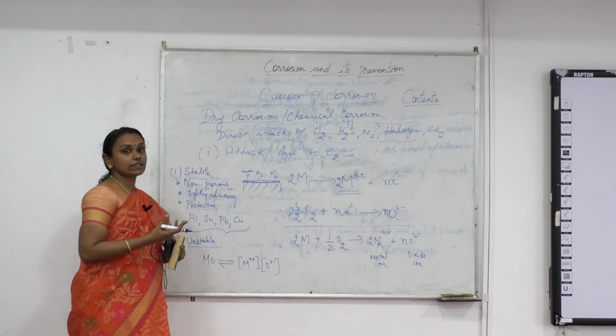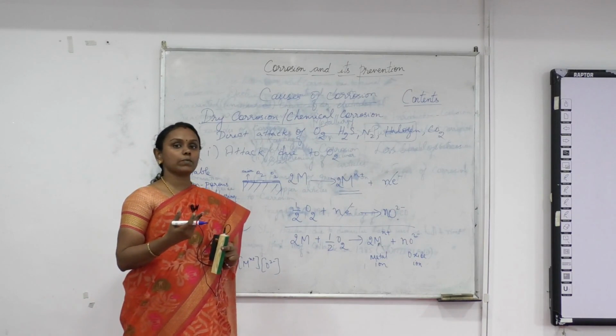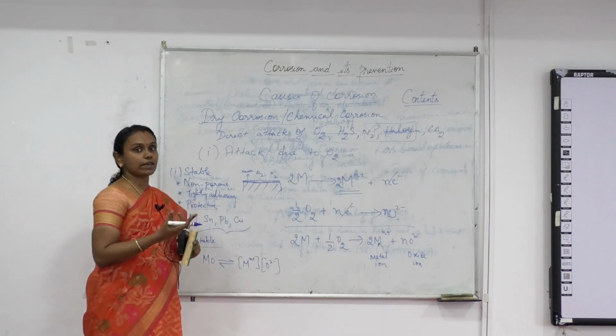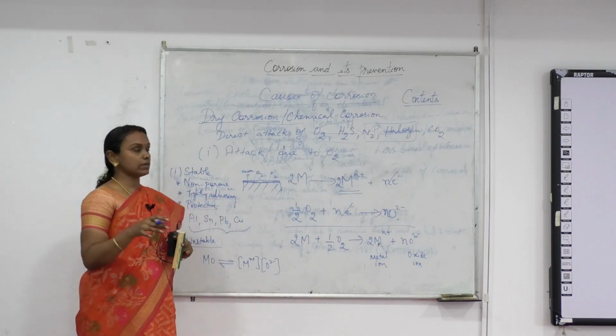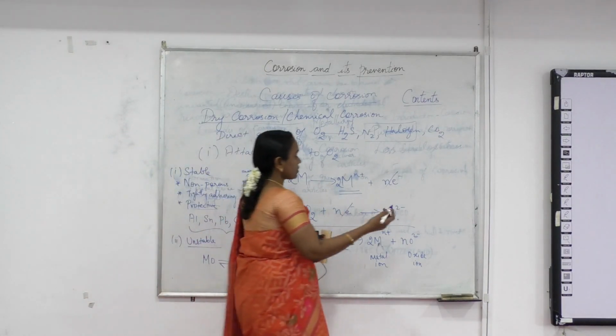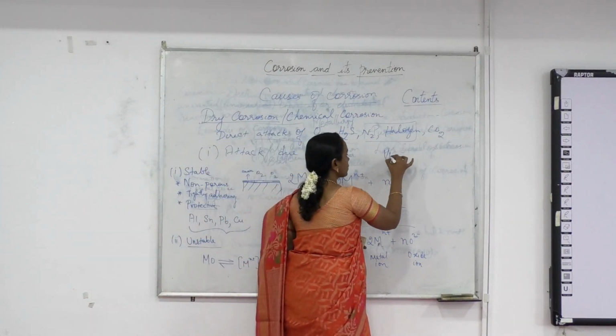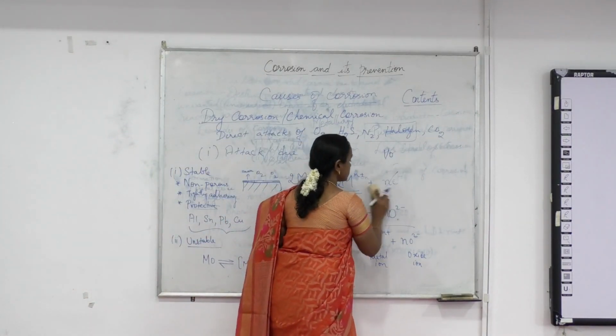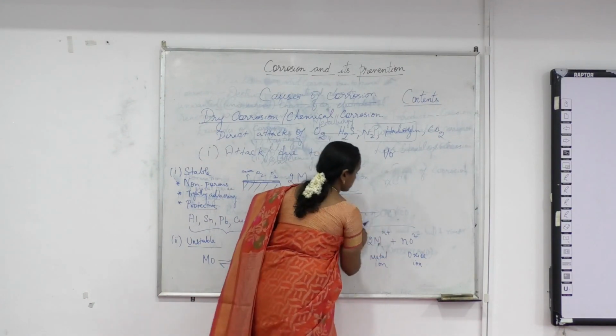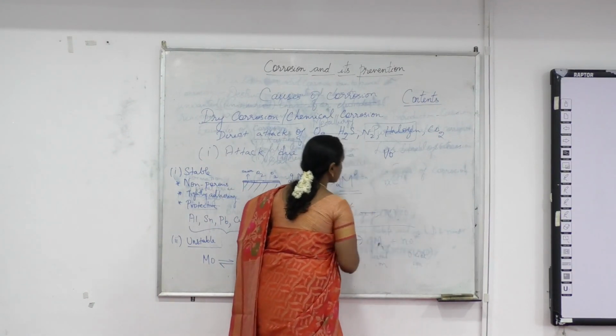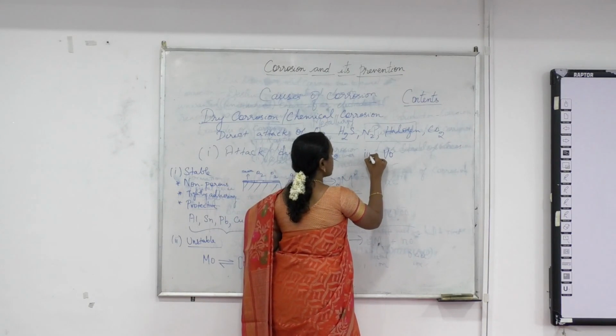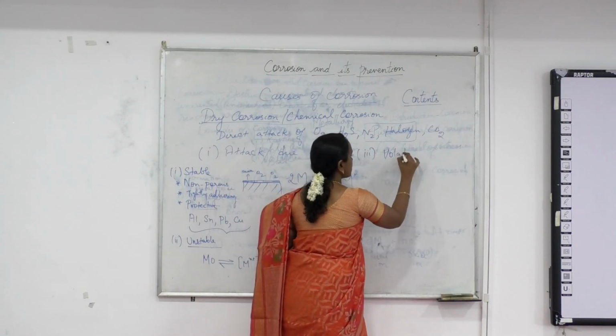Suppose the metal oxide that is formed is volatile in nature. What do you think will happen if it is very volatile? That means the rate of corrosion will be very high. This is the third type, volatile nature.